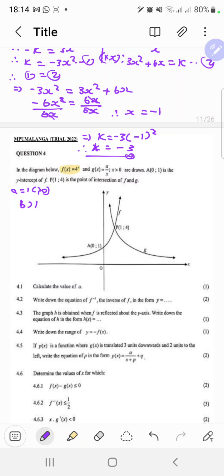This is a number greater than 1. Now, when you have this combination of a being greater than 0 and the base being greater than 1, it is an increasing function. So this means our graph is going up like that. As you read it from left to right, it must increase. So that means this graph right here is our friend.